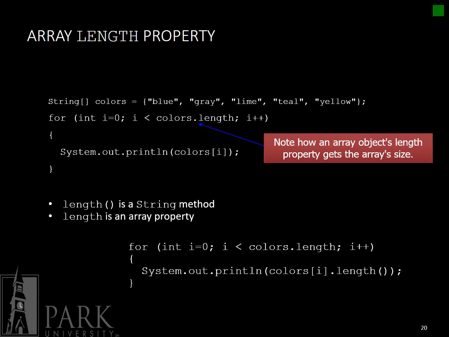Here's an example of us going through this colors array with .length and then printing out the length of each word. So instead of printing out what the color is, it's going to print out how long the word is. So this one's going to print out 4, 4, 4, 4, 6, because we have 4, 4, 4, 4, 6. All right, so notice the difference: no parens on the array, and parens on the string one.